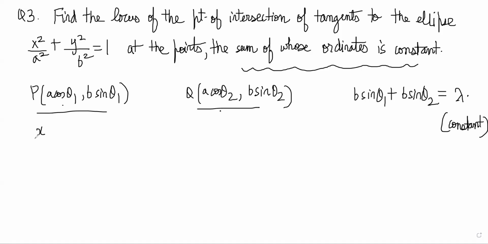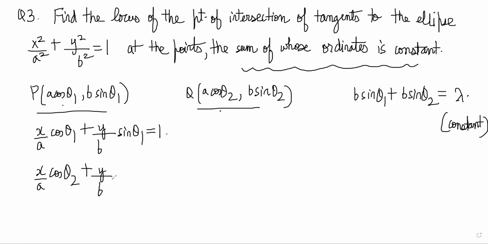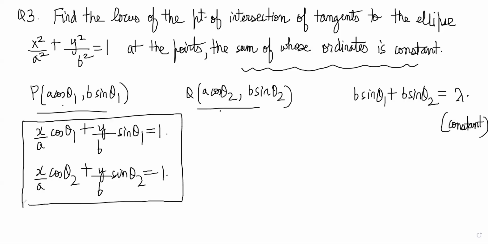So the parametric form of the tangent equation will be like this: x by a cos theta 1 plus y by b sine theta 1 equals 1. And the other tangent is x by a cos theta 2 plus y by b sine theta 2 equals 1, right? These are the two tangent equations in the parametric form.